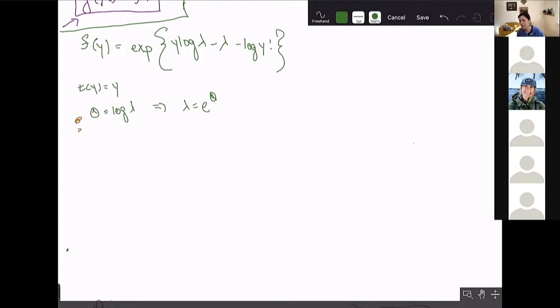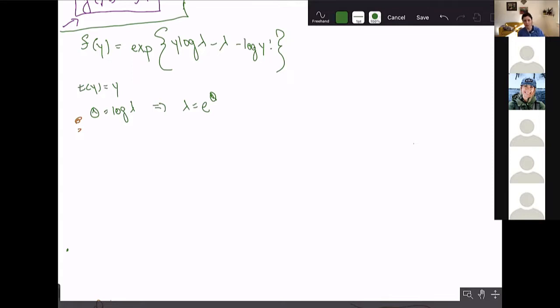What was the confusion? The log of lambda and then having lambda equals e to the theta. You mean from the homework? Yeah. From homework 2? Oh, no. This is still on the same problem, but I just realized what I did wrong with this.